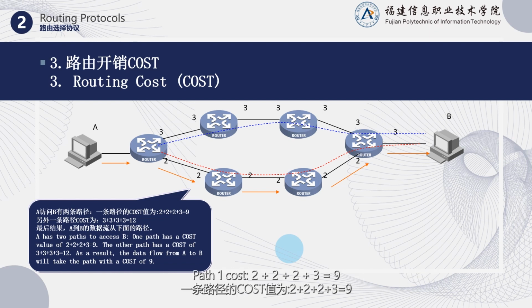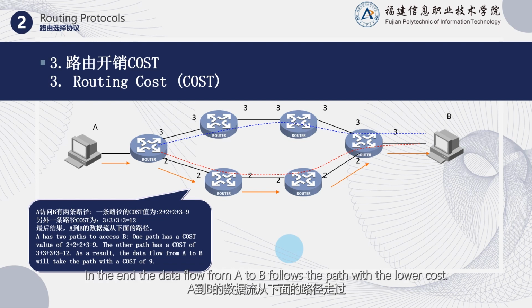Path 1, cost 2 plus 2 plus 2 plus 3 is equal to 9. Path 2, cost 3 plus 3 plus 3 plus 3 is equal to 12. In the end, the data flow from A to B follows the path with the lower cost.